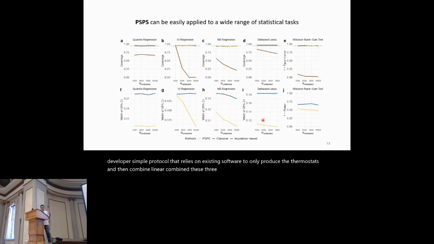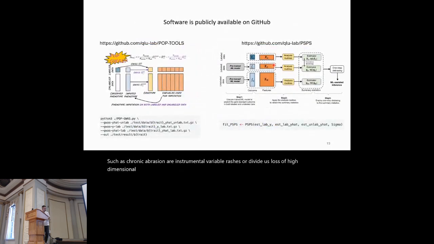We show that our method can be easily applied to a wide range of statistical tasks, such as quantile regression, instrumental variable regressions, or debiased lasso for high-dimensional problems. Our software for both methods is publicly available on GitHub, and as you can see, it's pretty simple: 4 lines of code for pop tools and 1 line of code for PSPS.